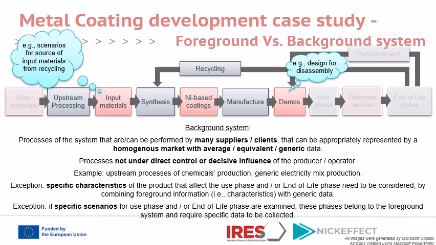So for example, if our demonstrators were specifically designed for easy disassembly compared to a market average product in this project, then the end of life phase and the refurbishment phase would have to be included in the foreground system, which means that we would have to contact partners within the project to get detailed, accurate data, and we could not just simulate the information with something from an LCA library or literature.